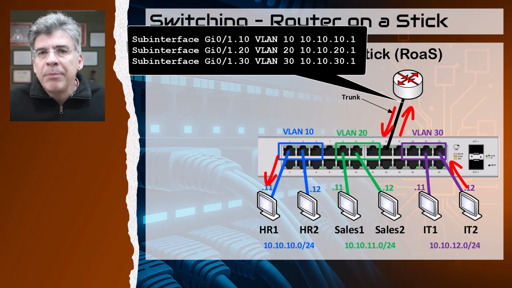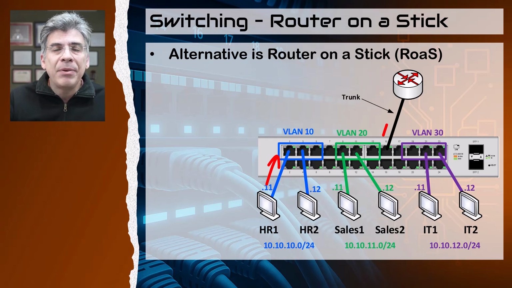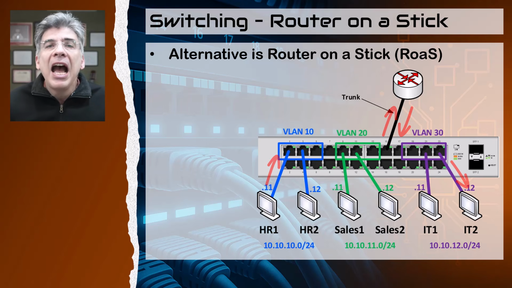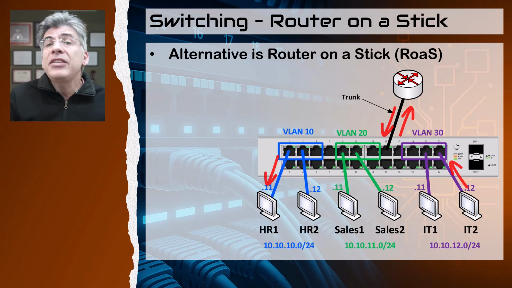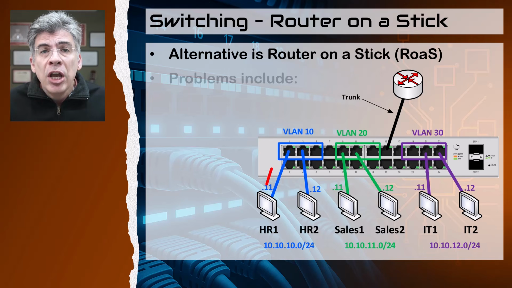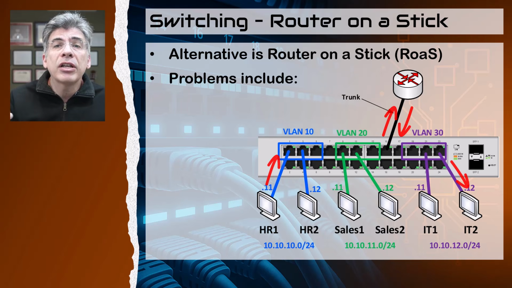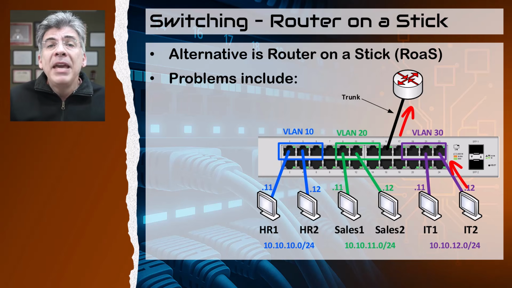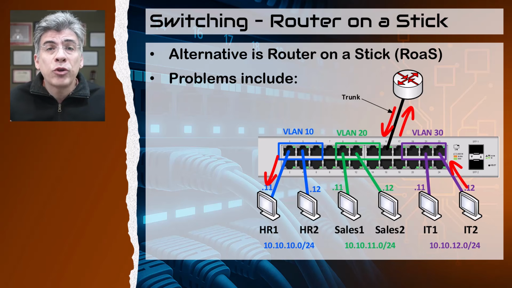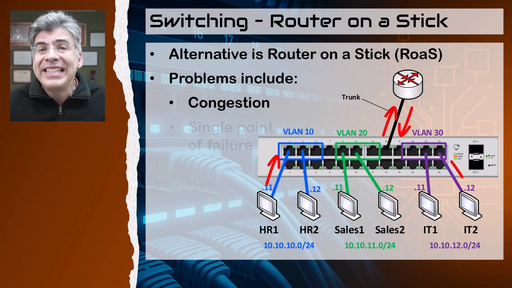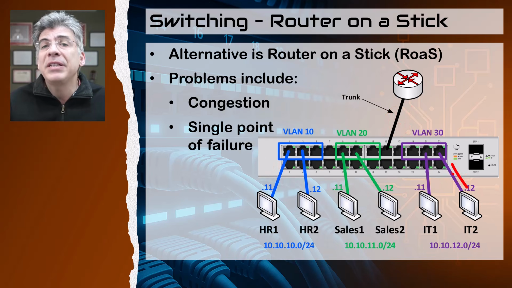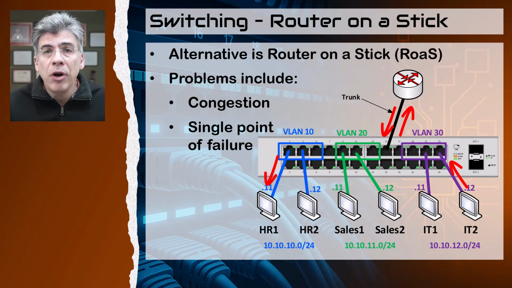Now, we'll talk a little bit more about trunks in a future video, but concerning this setup of the router on a stick, I won't go into the details of how this is configured at this point. But this too has some drawbacks. You have a single link carrying traffic from multiple VLANs, making the potential for oversubscription and congestion a real issue. It's also a single point of failure that can potentially cause reliability problems.